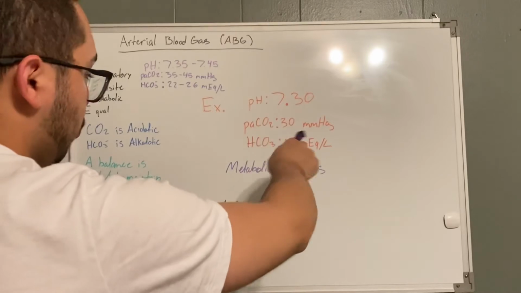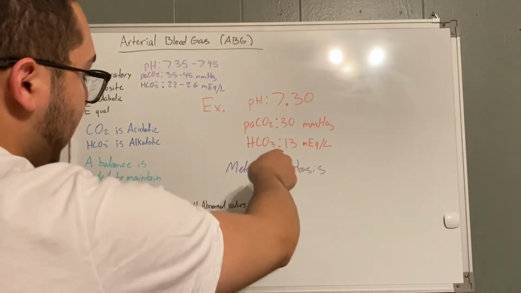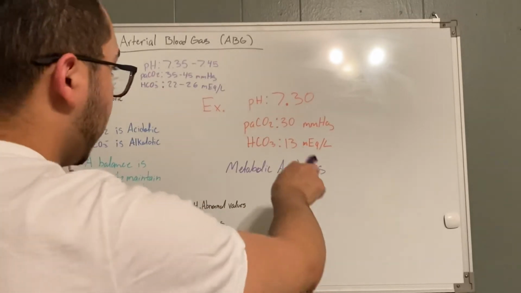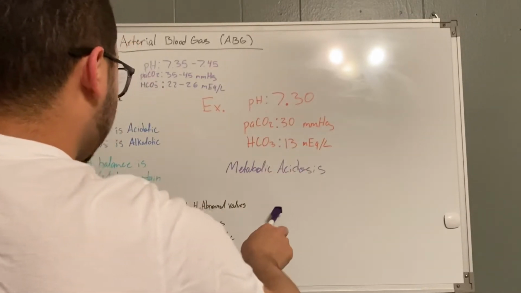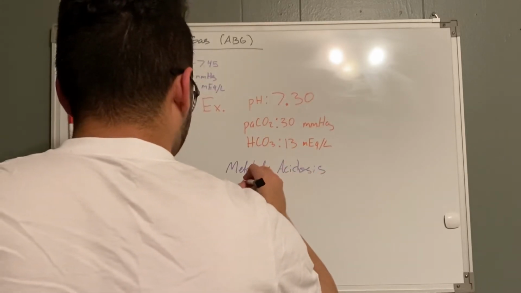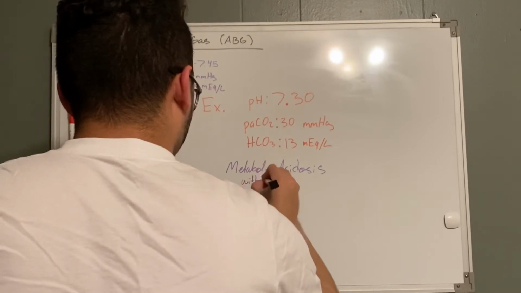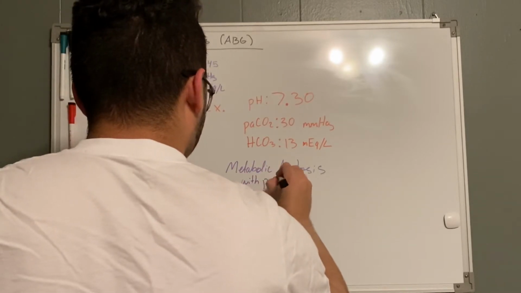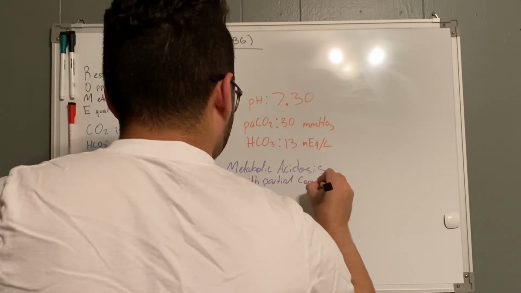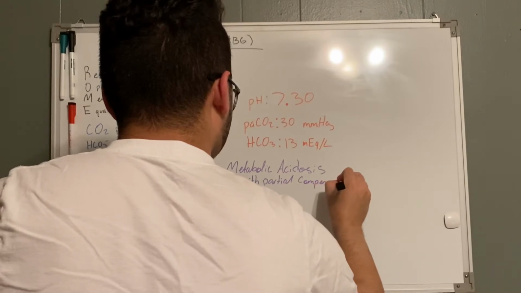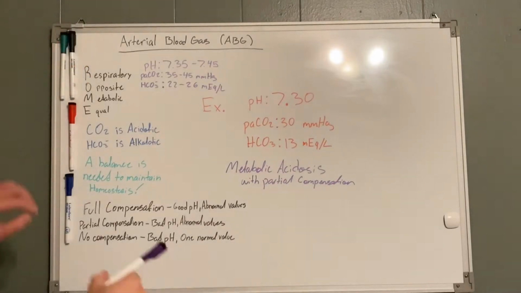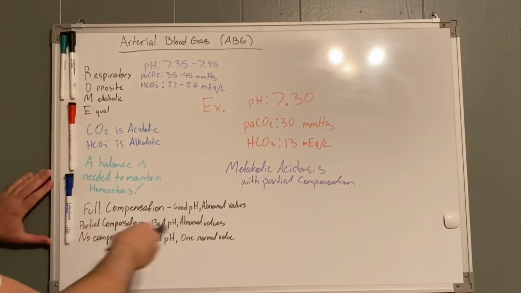It's trying to work against that low bicarb by lowering that carbon dioxide. That is partial compensation. So you could say metabolic acidosis with partial compensation.